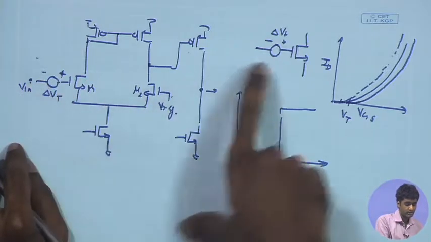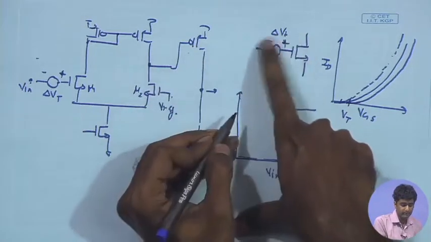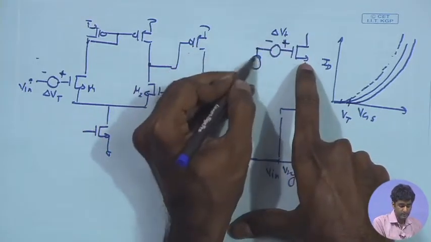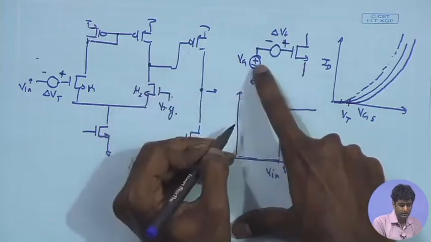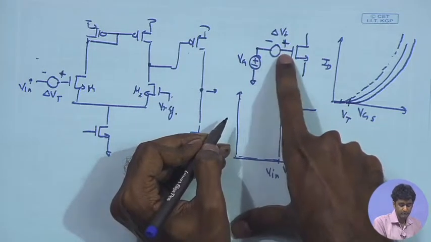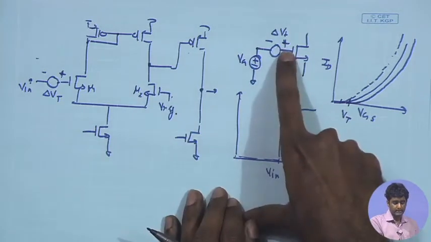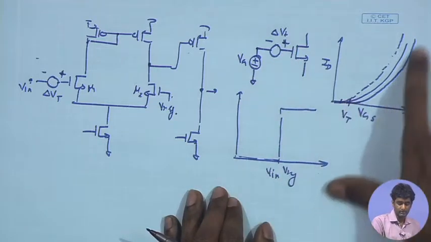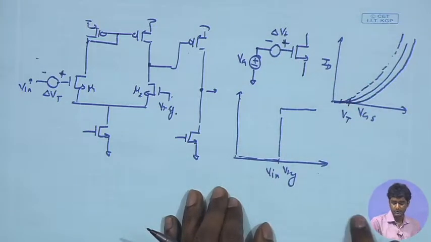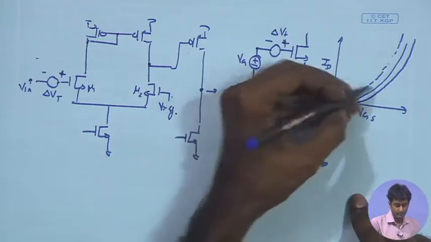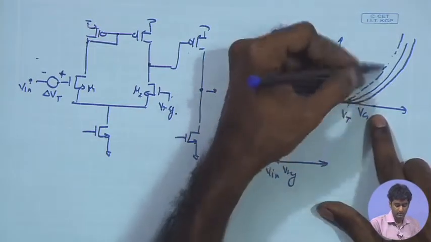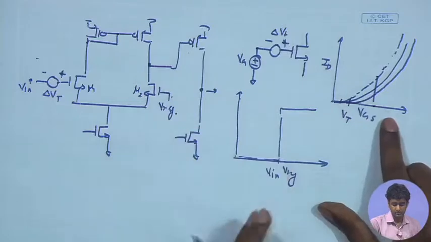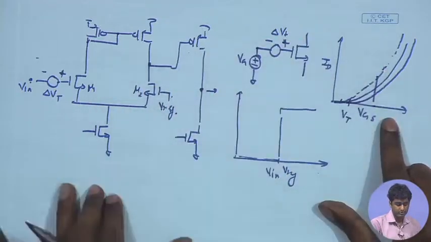So, here also if I am having this delta Vt positive from here to here, that means if you are having another gate voltage Vg that you are sweeping, this Vg plus a positive delta Vt added over here will mean that the effective gate voltage here is larger. As a result, for a given Vgs, the current will be larger, and as a result it will be shifting towards the left. So, we should just take care of the polarity.